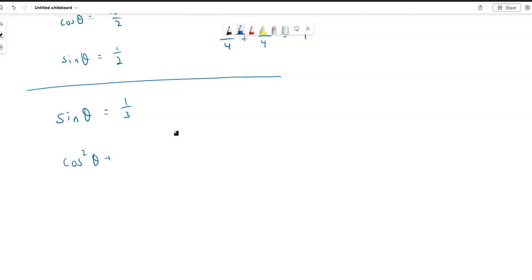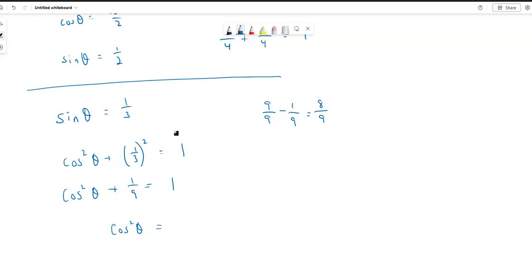Cosine squared theta plus sine squared theta equals 1. So cosine squared theta plus 1/9 equals 1. Well, if I subtract the 9th from both sides, 1 is the same thing as 9/9. So 9/9 remove 1/9, I get 8/9.